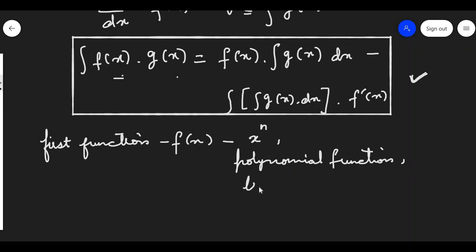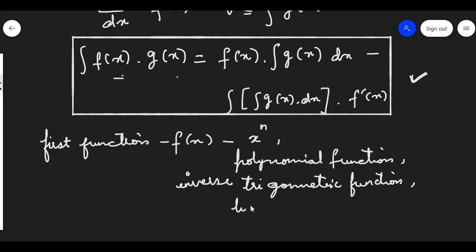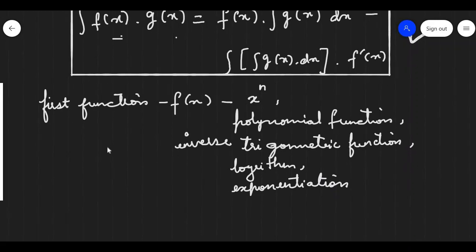If we have trigonometric functions, especially the inverse ones, if you have inverse trigonometric functions, then you will make them as your first function. If you have logarithmic functions, then you will make them your first function. Otherwise, if you have exponentiations, then we will make them as our first function. This will help in easily solving the problem.